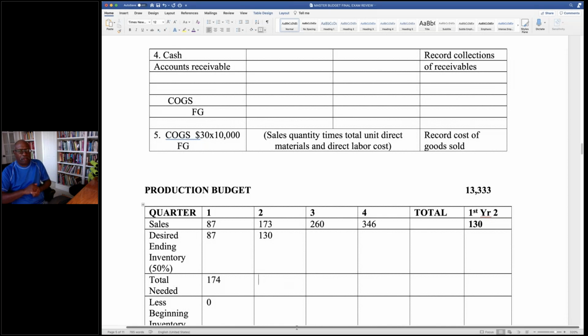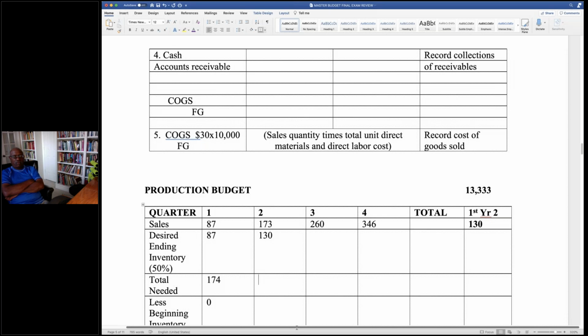So where did you get 130 from? So Chicana told me that I do 50% of 260 for the third. Why? You gonna ask that on the test? Because it's in our assumption. You've got to produce what you're going to sell currently, plus part of next, so you have some inventory.